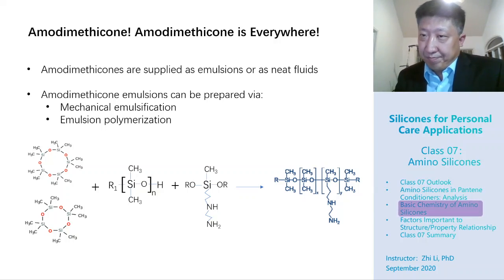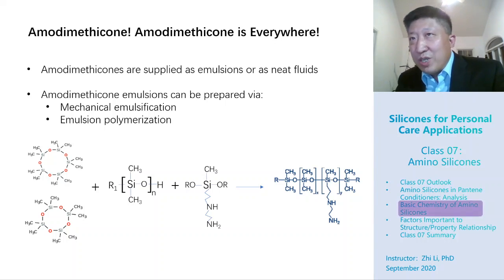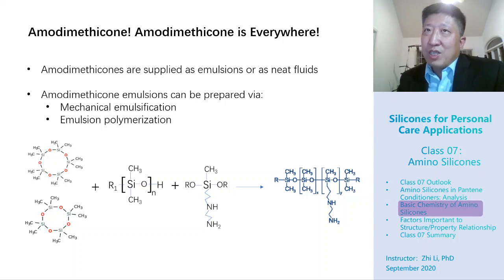Okay, we talked about this. Again, another reason amodimethicone tends to be supplied in emulsion form is it's going to be cheaper to prepare in emulsion form. Amodimethicone emulsion can be prepared by mechanical emulsification. We talked about it in the past. That means you form amodimethicone fluid first, and then you add water and emulsifier, and you try to emulsify it to form an emulsion.